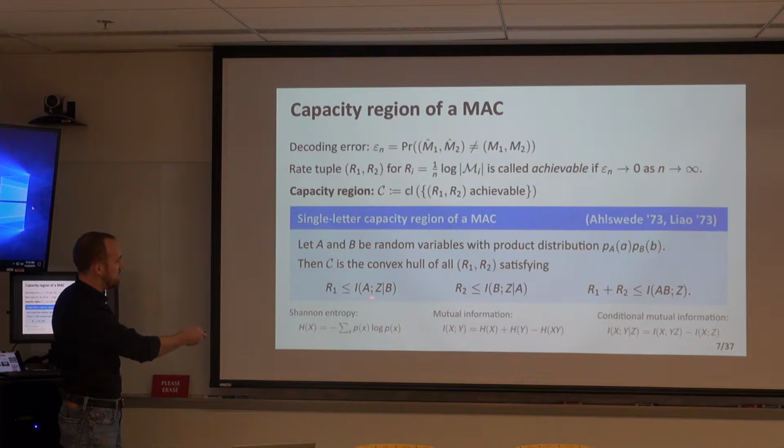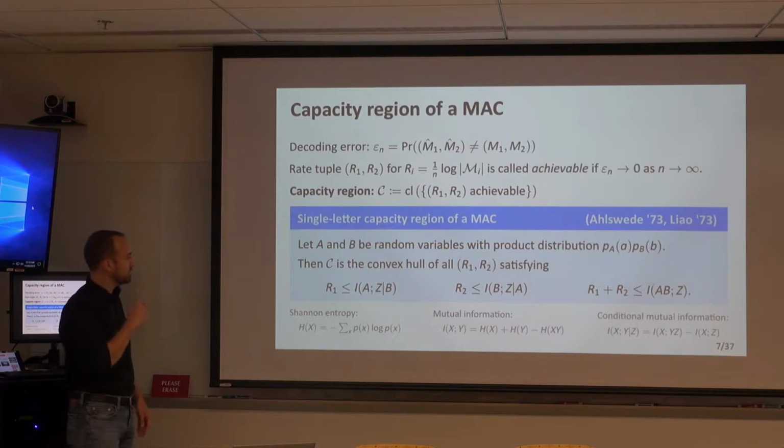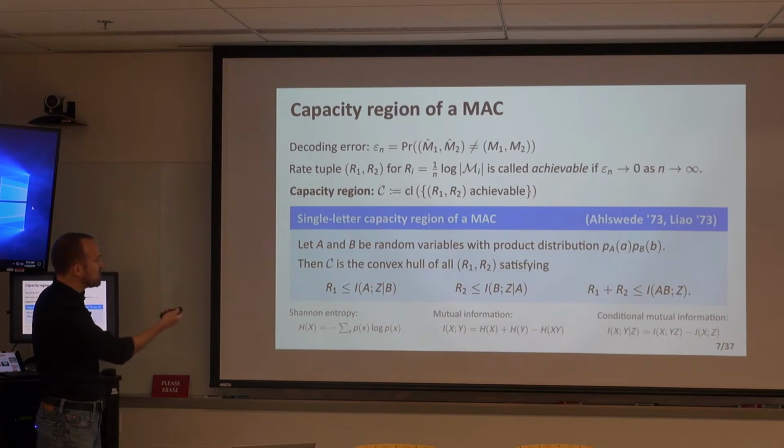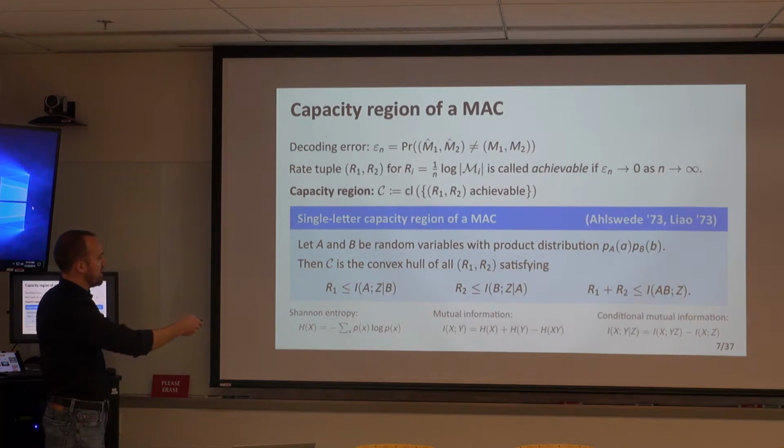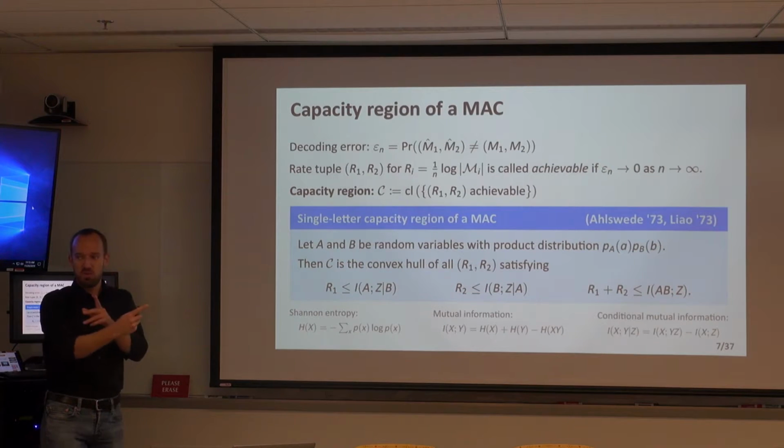This I quantity here is the conditional mutual information. And for the individual rate R1, you have the conditional mutual information of A and the receiver, given that he knows B. And for the second rate, you have it the other way around.